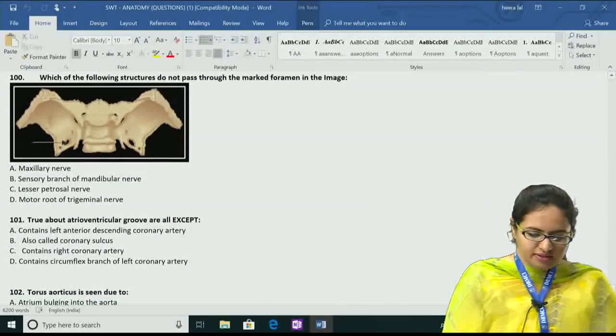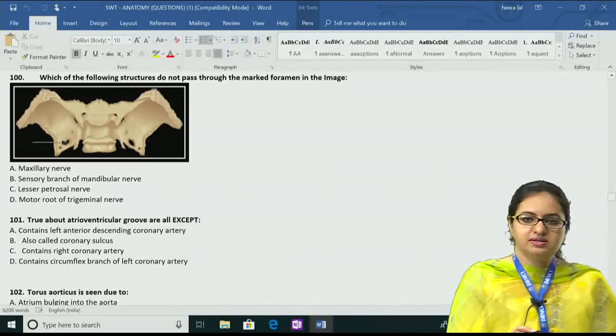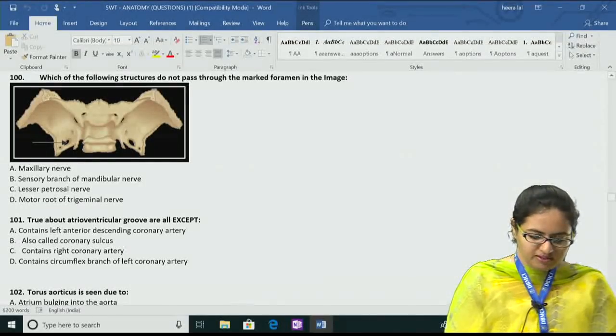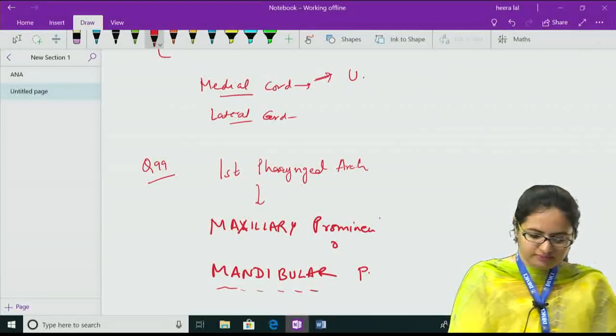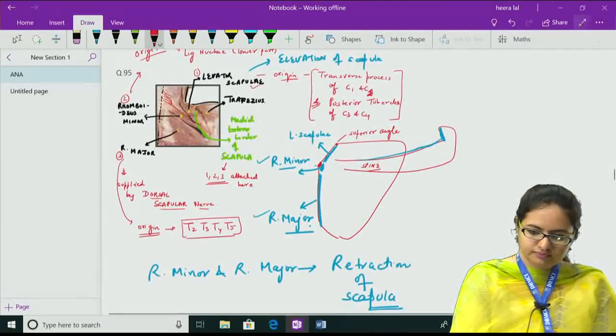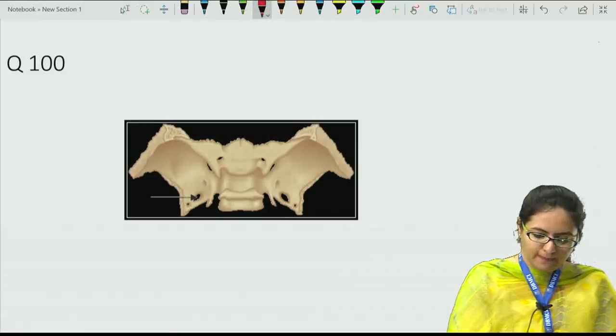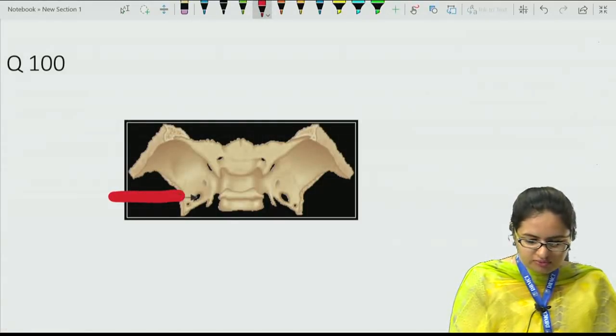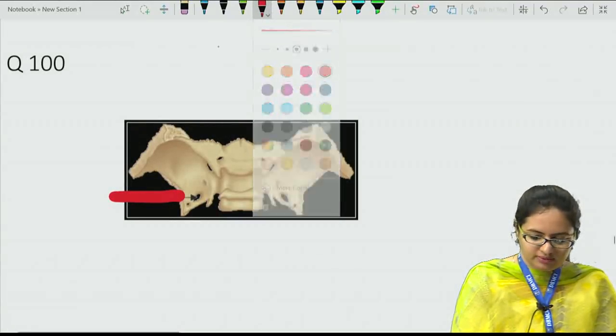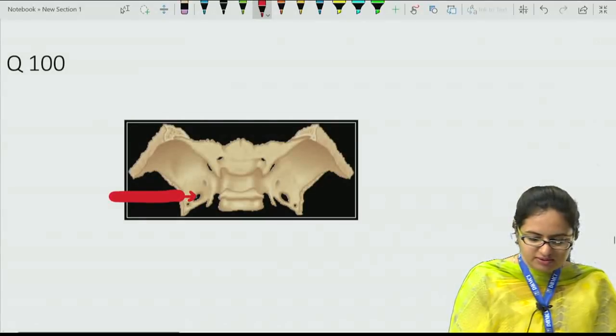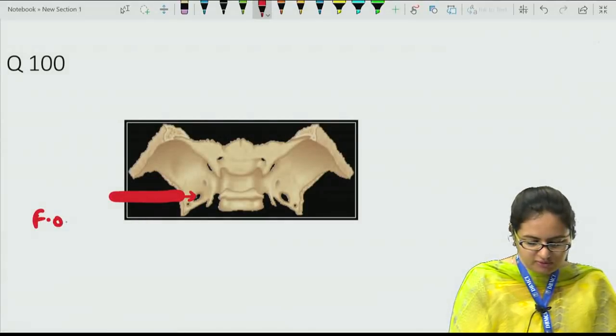For question number 100, we have to identify this foramen and tell which structure is not passing through it. If you see this picture over here, the arrow is pointing at this foramen. This is the foramen ovale.